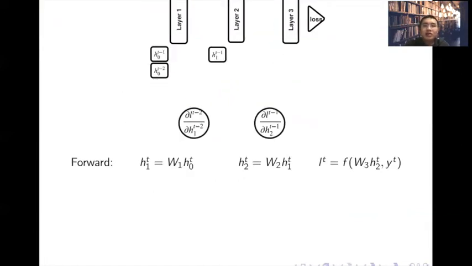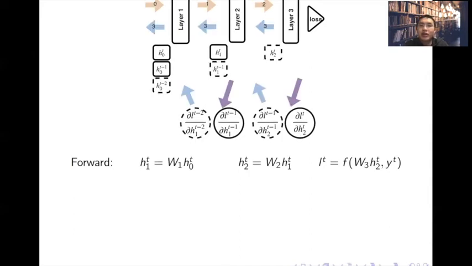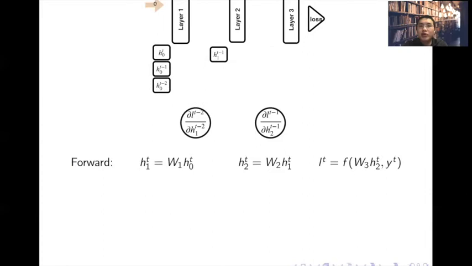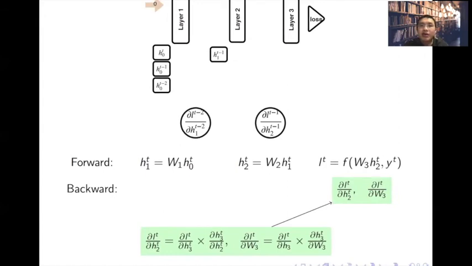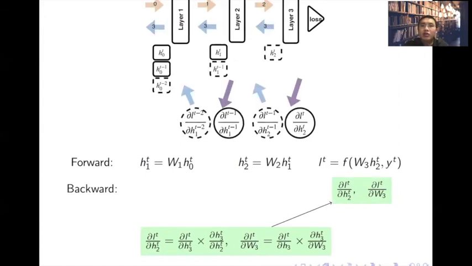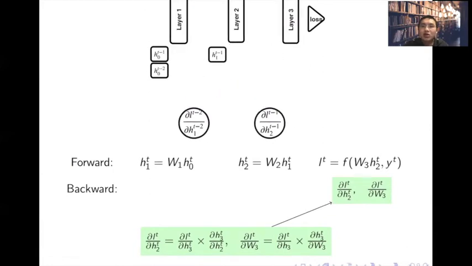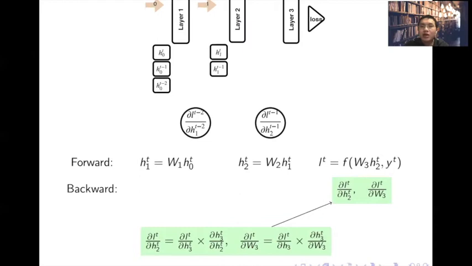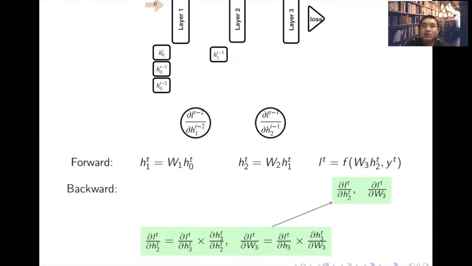In the forward pass, the input H0T is forwarded from layer 1 to layer 3, which is similar to the BP algorithm. The difference happens at the backward pass. In the backward pass, layer 3 will compute gradients using samples from time step T, and the result, partial LT over partial H2T, is computed. Then it will pass this value to layer 2.